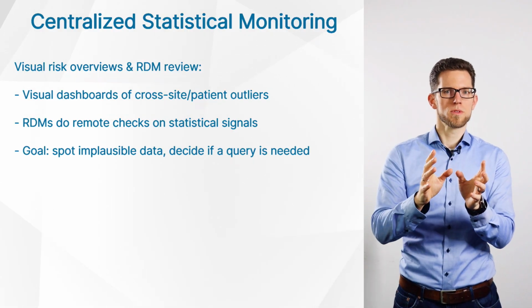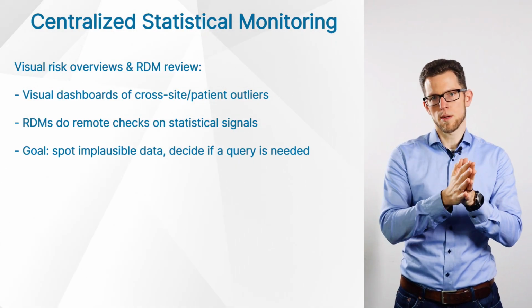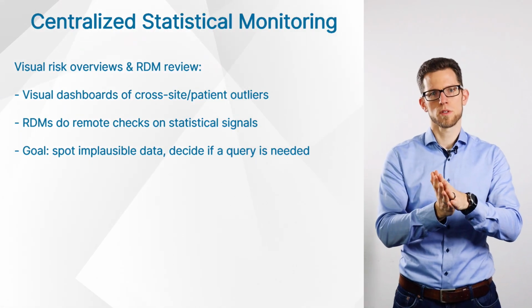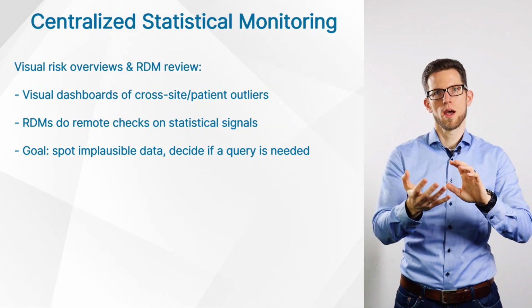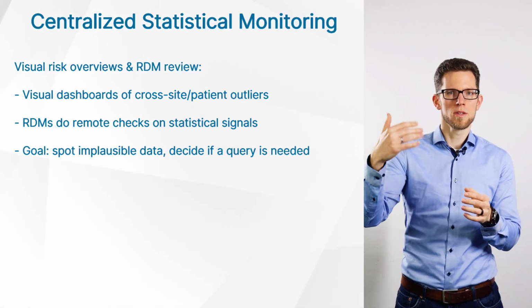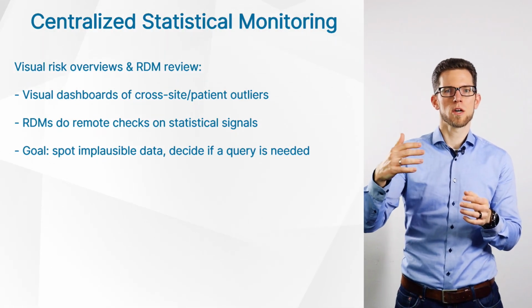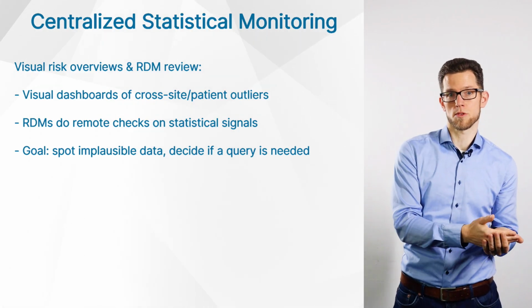Those overviews are first and foremost checked by remote clinical data monitors, RCDMs, from our team, which basically do a remote review of the information and assess whether underneath that statistical outlier could be an implausible data point that should be queried with the trial site.